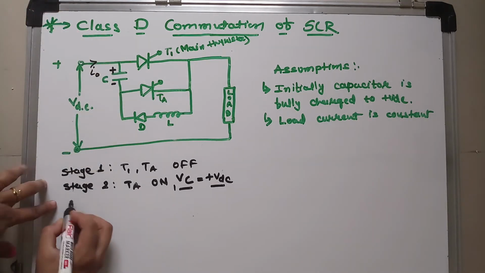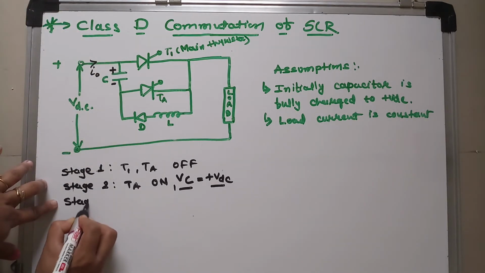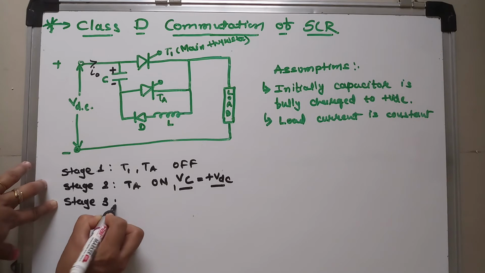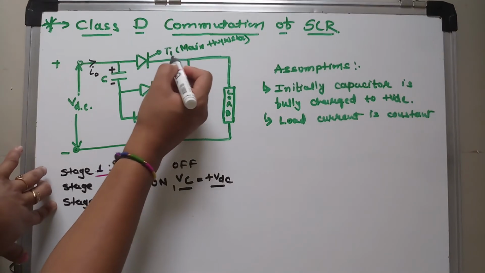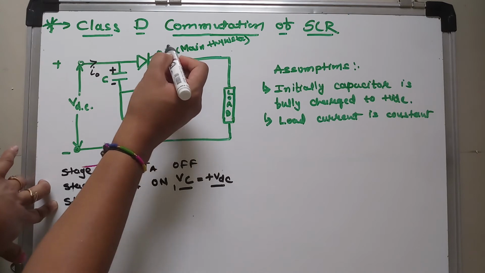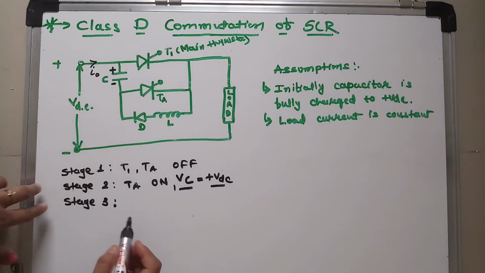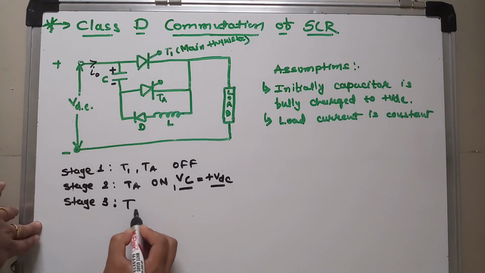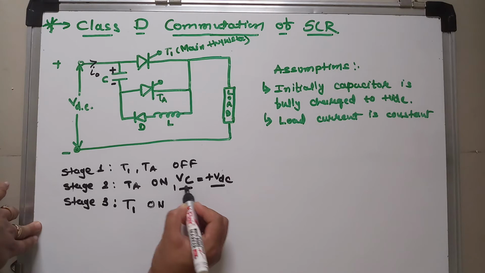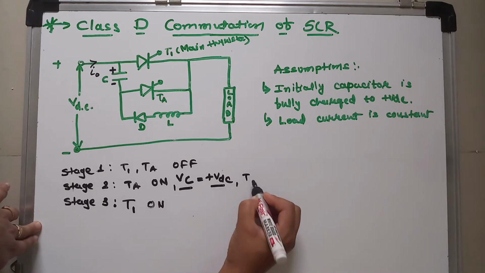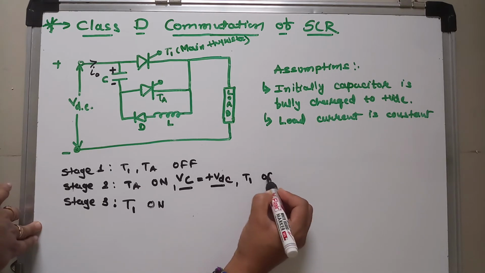Now in stage number 3, the main thyristor T1 is turned on by applying a gate pulse. In stage number 2, TA was on, VC was getting charged to plus VDC, and T1 was off.